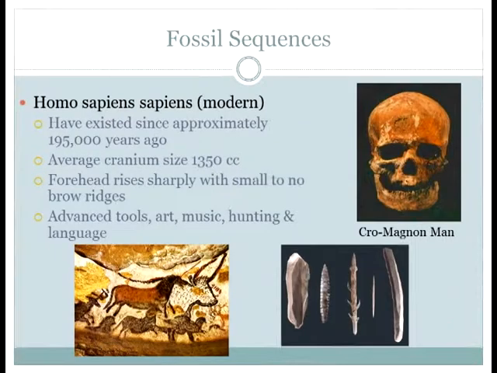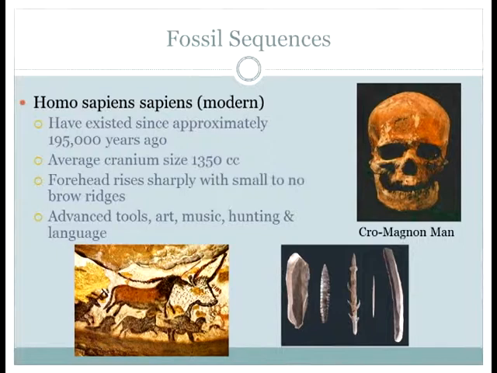Then we move to modern Homo sapiens, what we are. We see almost no brow ridge and the forehead is flat, no sloping at all. We start finding modern Homo sapiens in the fossil record roughly about 195,000 years ago on up until the present. Average cranium size is slightly bigger than archaic Homo sapiens at 1350 cubic centimeters.